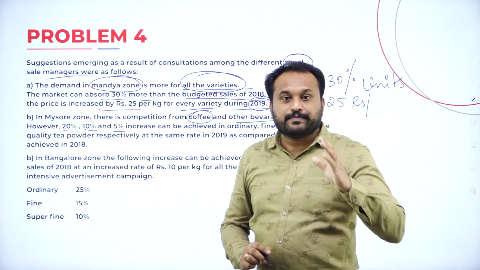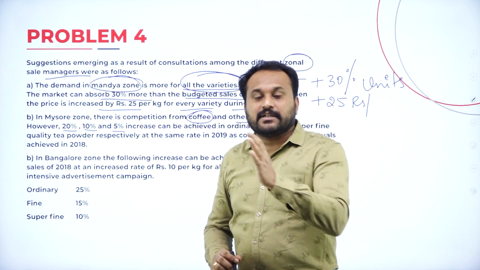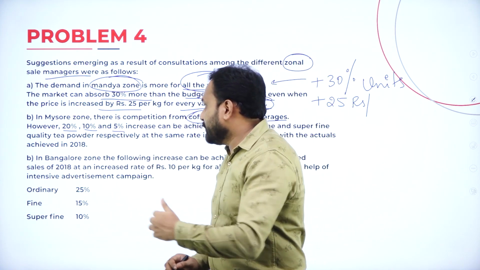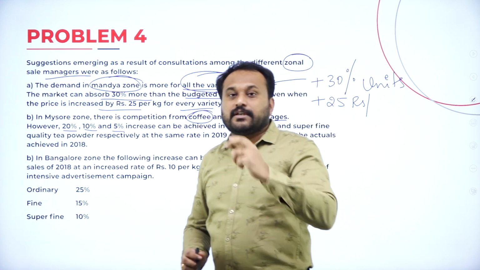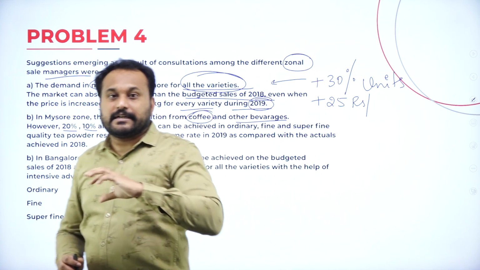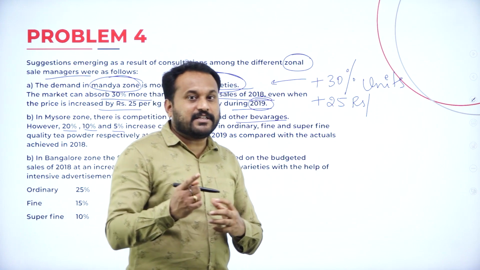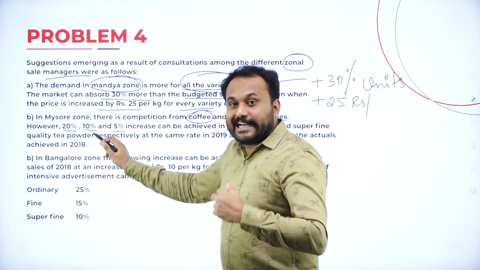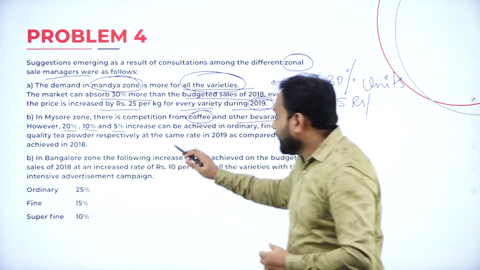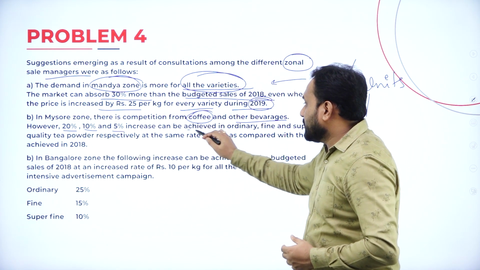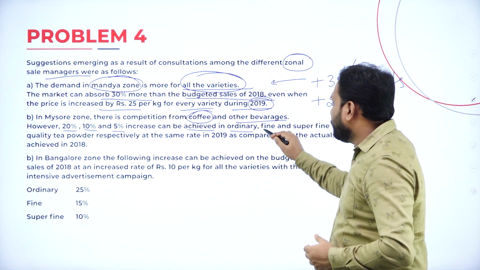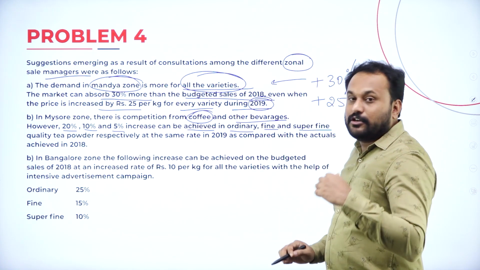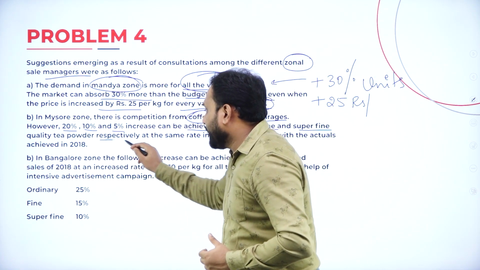Whenever they give this kind of thing, you need to know which type of tea they are increasing or decreasing. The first one is 20, second is 10, the third is 5. Increase can be achieved in ordinary, fine and super fine quality tea product respectively.